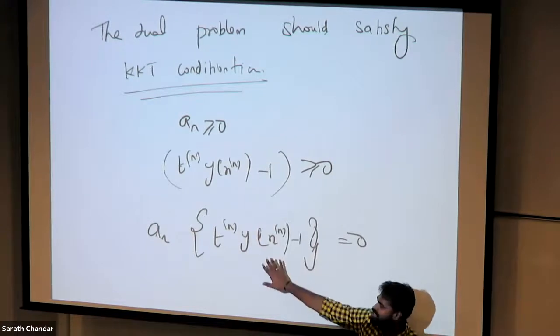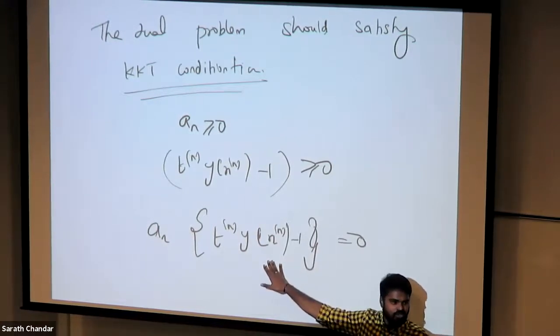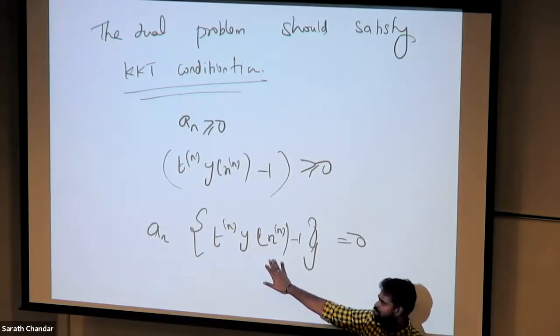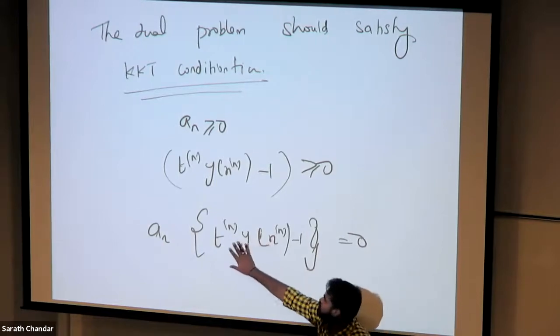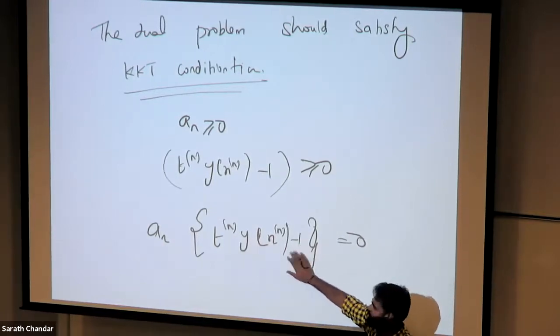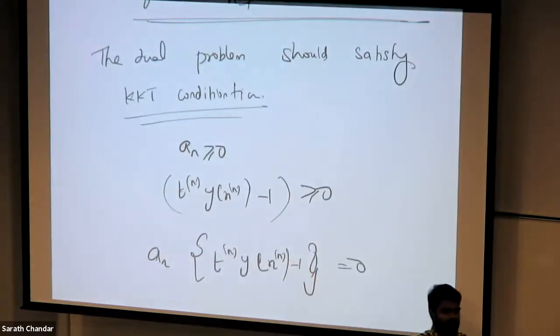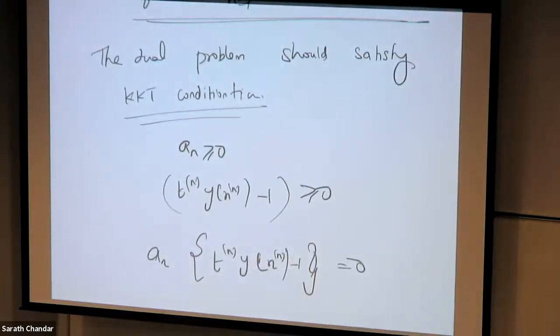Now, if the second term is 0, where would those data points be? I have a data point for which this term is 0. That just means that t_n multiplied by y(x_n) is equal to 1. So what are those data points? Yes, those are the closest data points.